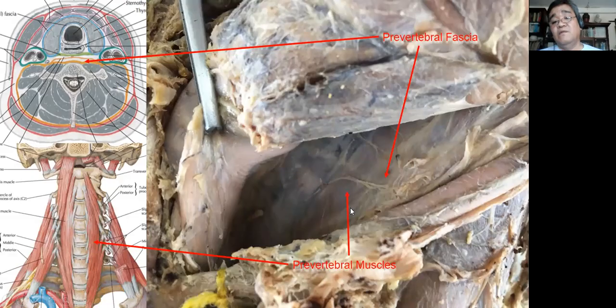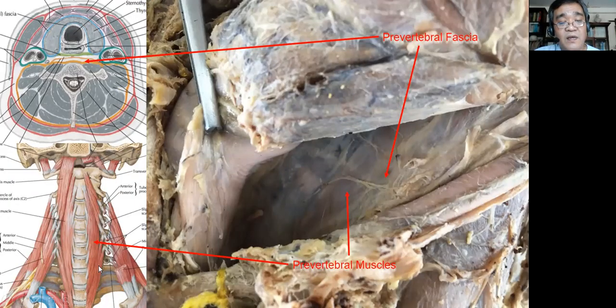Magnified view of the prevertebral space will reveal also the presence of your prevertebral fascia. This one, this translucent, transparent, whitish sheet that covers your prevertebral muscle. This one, this prevertebral muscle.